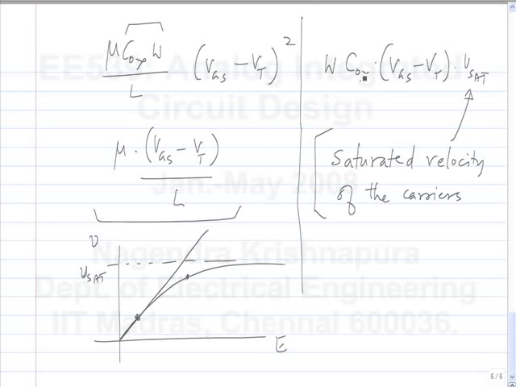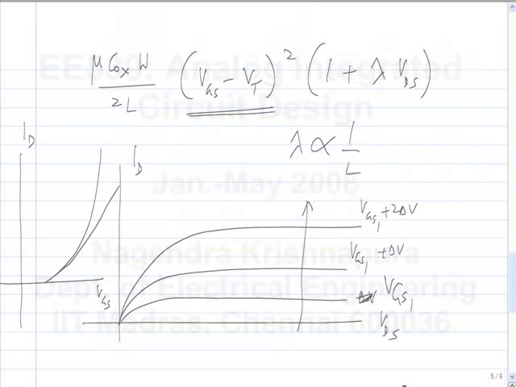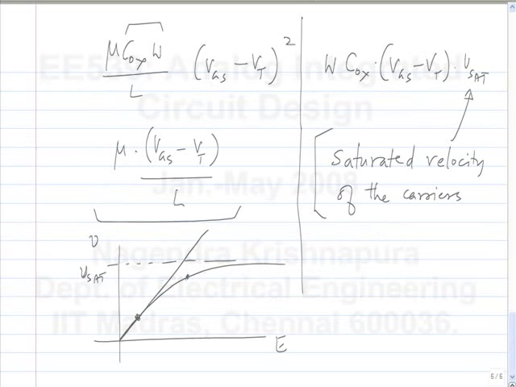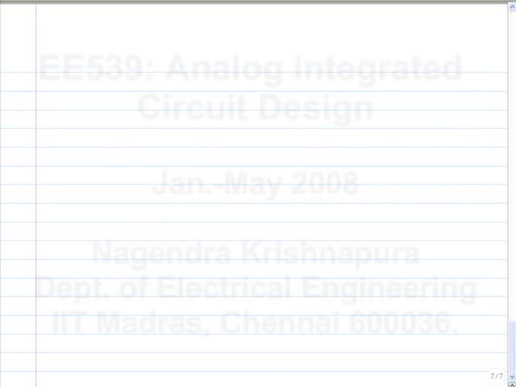So clearly, you can see it directly from the picture here. If one of the curves is like this and the other one is like this in ID versus VGS, one of them has a smaller transconductance than the other one. Okay. Is this okay?